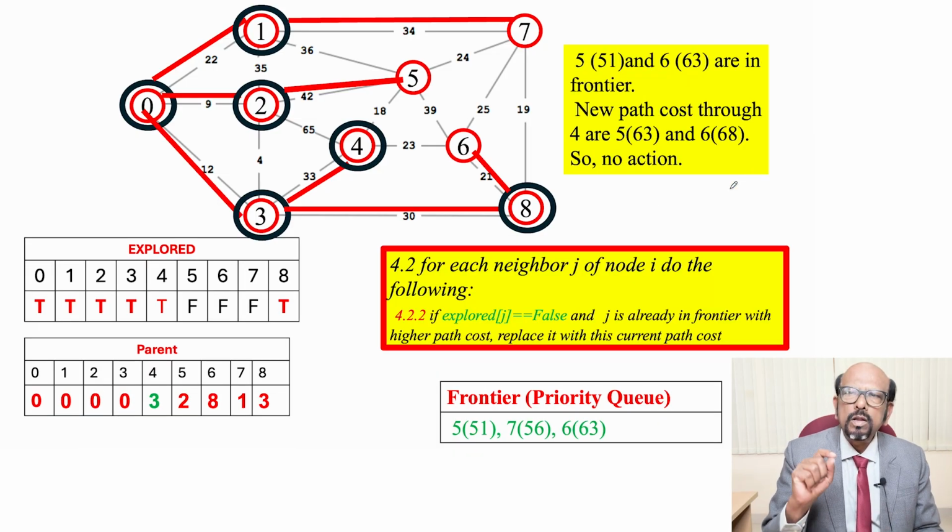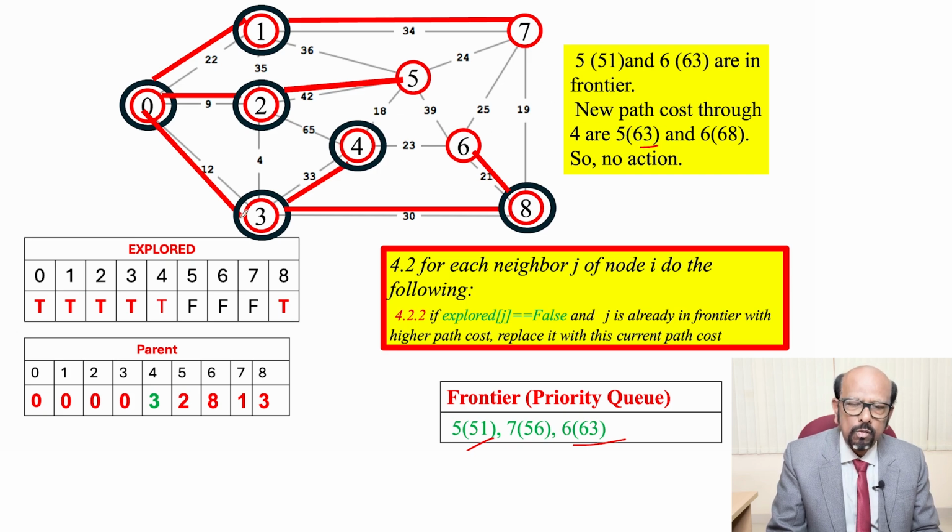Now, 4.2.2. There are 2 nodes which are unexplored but in the queue. What are they? 5 and 6. 5 has the cost 51. 6 has the cost 63. Verify whether going through 4 is advantageous. If you go through 4, for 5, the cost will become 63.